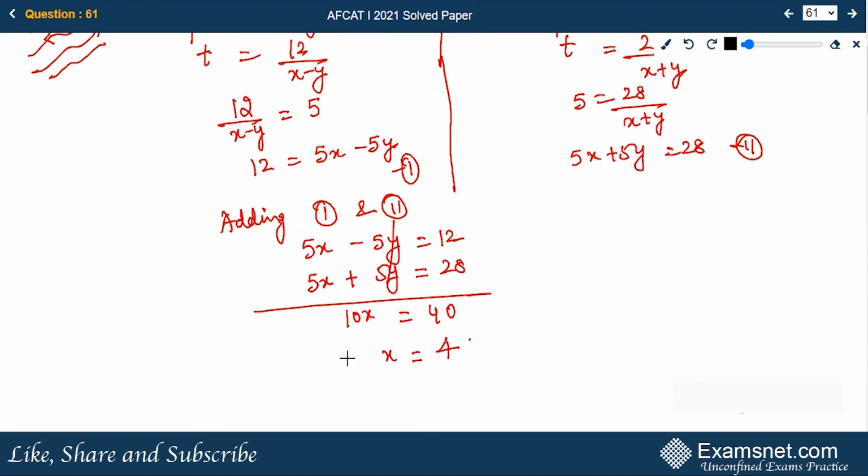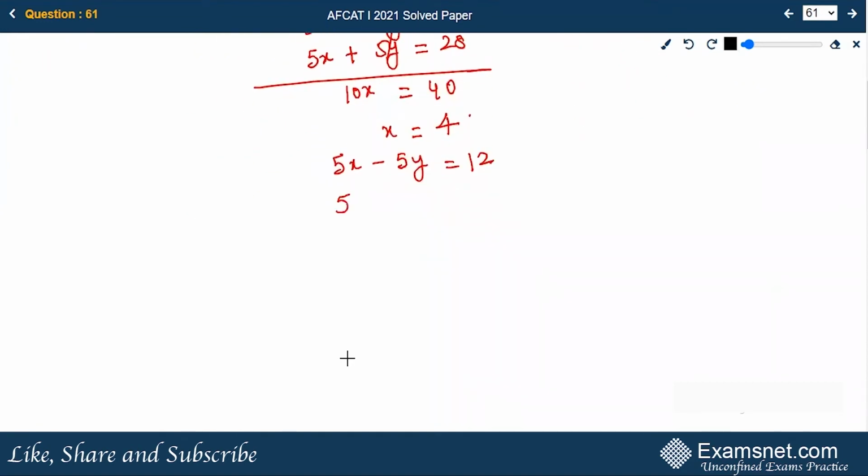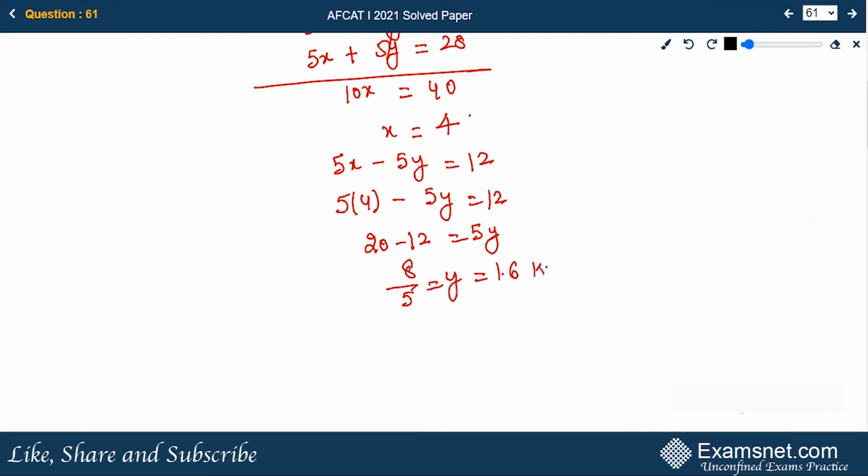Let's calculate the value of y. 5x minus 5y is equal to 12. 5 into 4 minus 5y is equal to 12. 20 minus 12 is equal to 5y. 8 upon 5 is equal to y, which gives you 1.6 kilometers per hour.